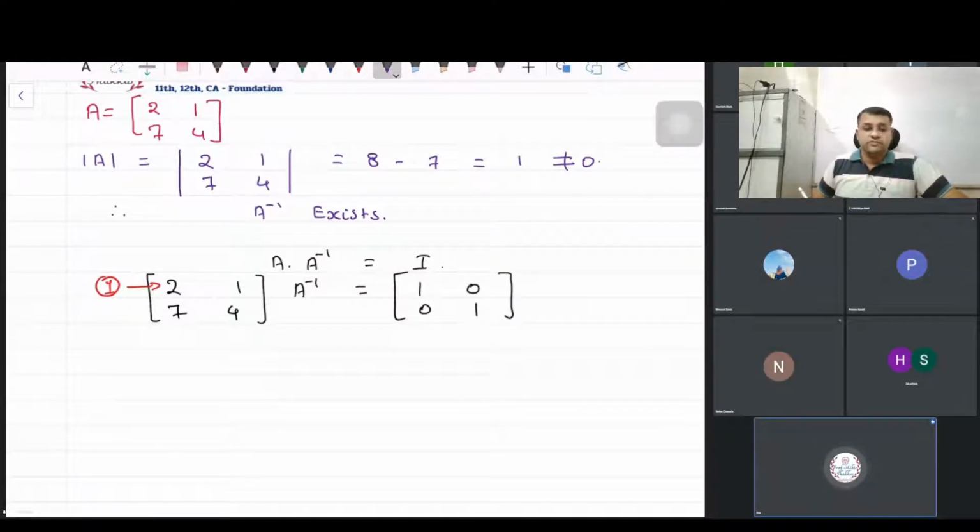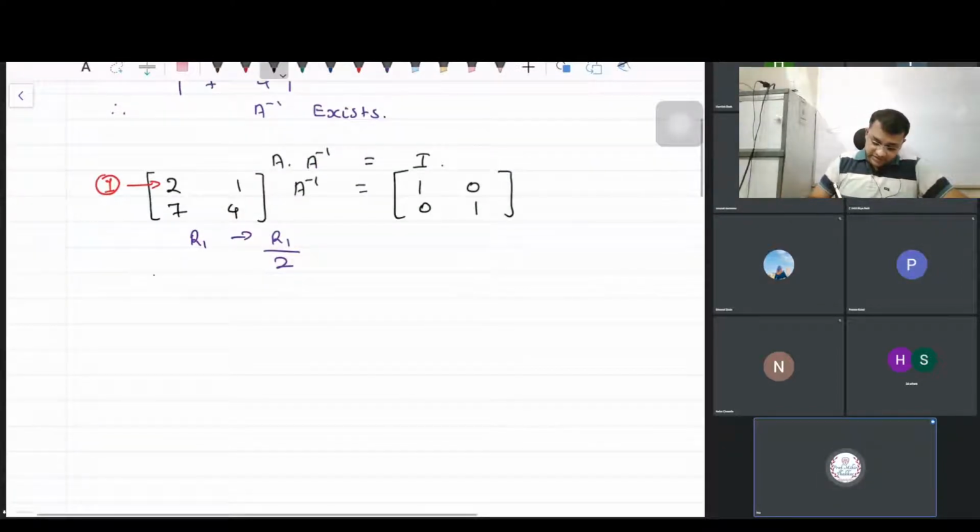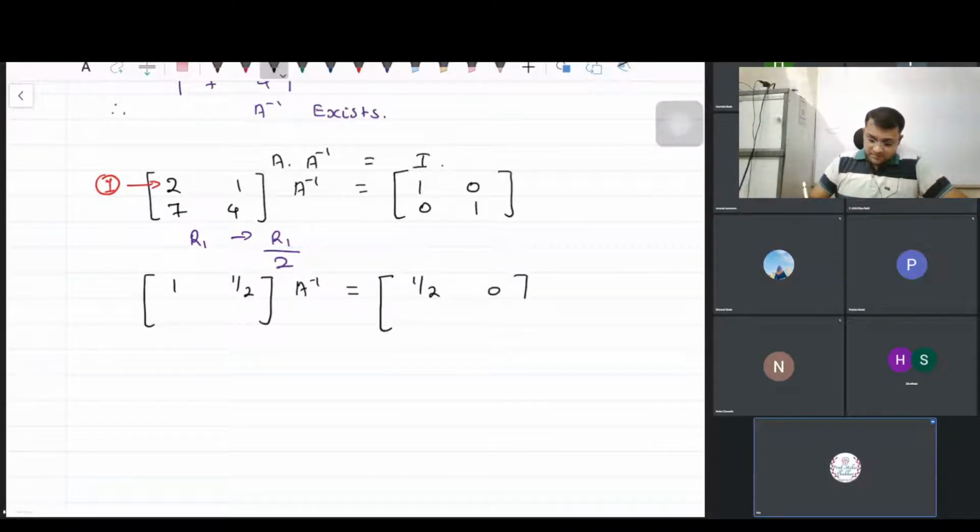You have to divide the number by itself. So I will say over here that R1 changes to R1 divided by 2. So if I divide that by 2, you will get the first element as 1, which I wanted. Rest of the elements, whatever is happening, let it happen. Just make sure that you are doing it properly. In the second row, there won't be any change. Yeah, so that was our first step.